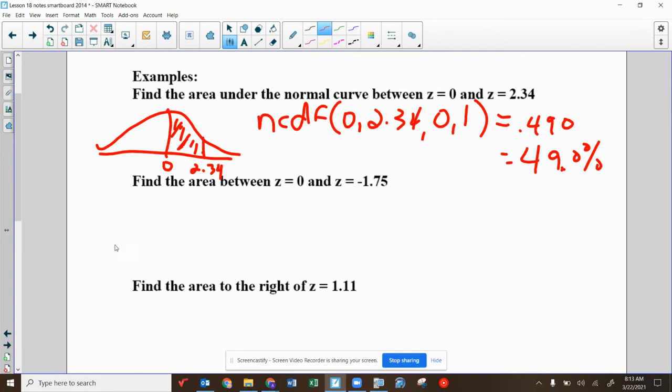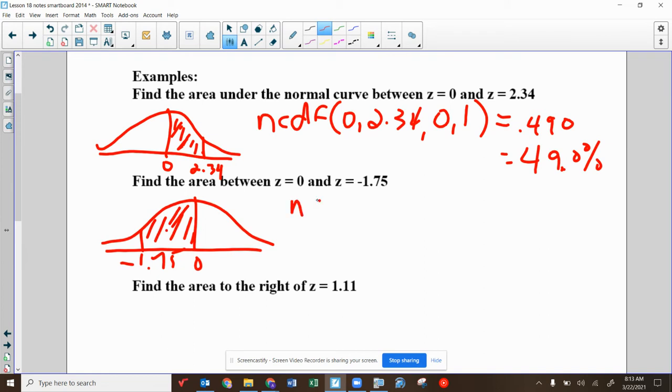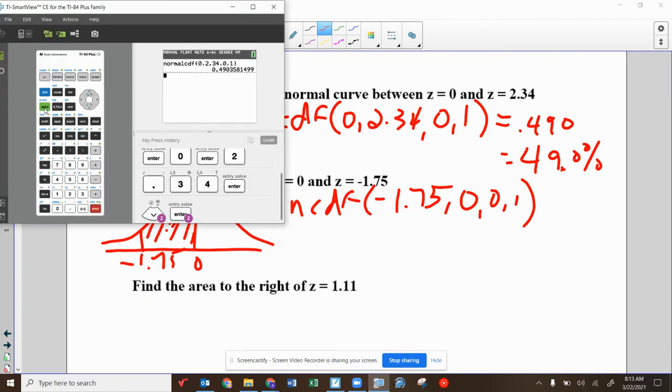All right, same idea here. Find the area between 0 and negative 1.75. So normal CDF, negative 1.75, 0, mean of 0, standard deviation of 1. And just repeat the process on your calculator here.